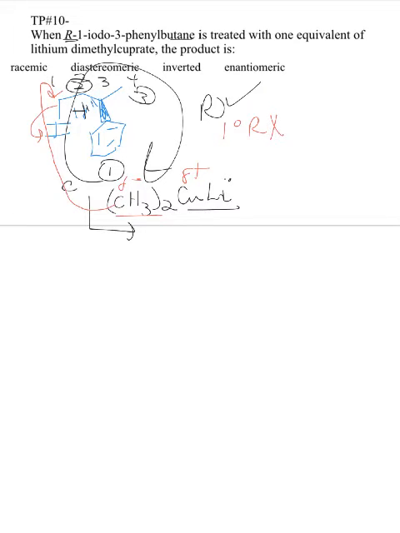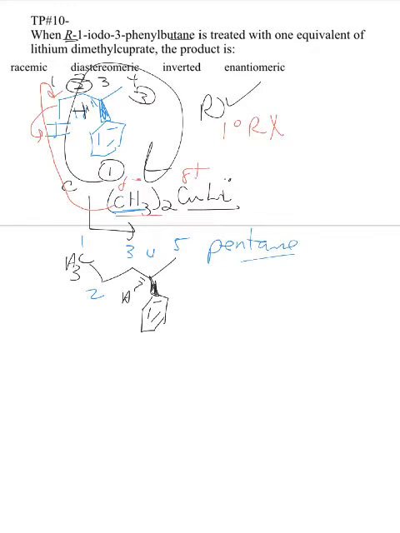So then you redraw this, and what you have is an extra methyl, this methyl group here. So 1, 2, 3, 4, 5. You now have a pentane instead of a butane.